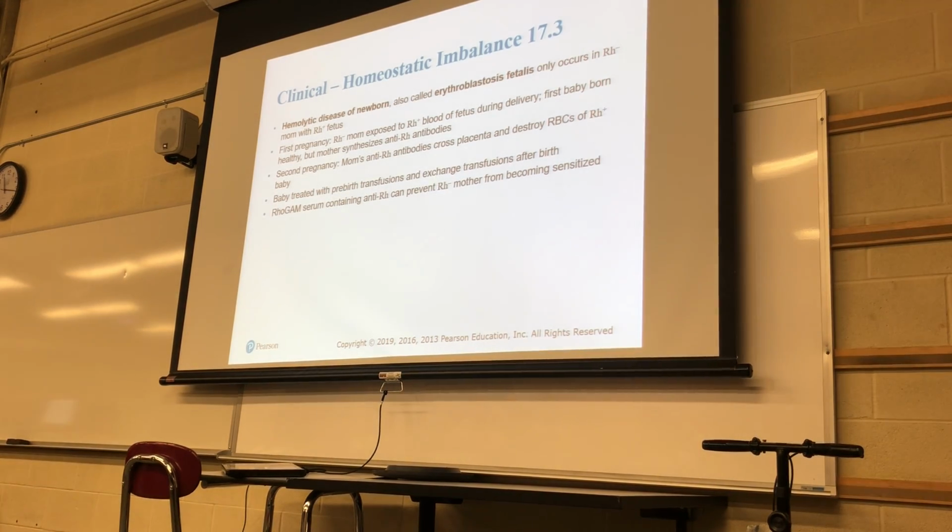But now she's built up antibodies. The next time another baby's in development, her body realizes this isn't right. It attacks the blood cells, and the blood cells just blow up inside the fetus. The condition is known as erythroblastosis fetalis. That's what happens with an RH negative mom and an RH positive fetus on the second one.